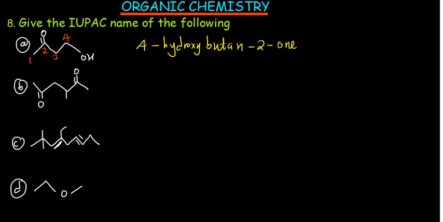Now what of the next one? What are the functional groups which are present? So we have got a ketone there and also a ketone at that point. Okay, and just one thing which I left out on this one, so we're supposed to have an OH there.